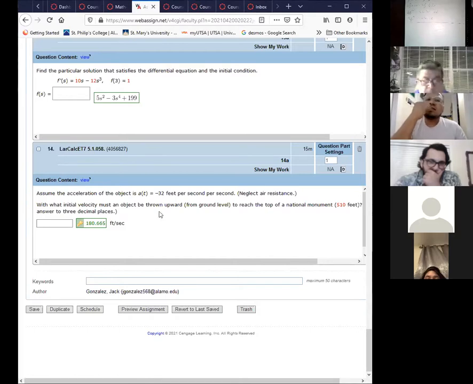So they want to know the initial velocity. So we're going to have to integrate this guy, because remember how we said the derivative of position is velocity, and the derivative of velocity is acceleration. So undoing the acceleration derivative would take us to velocity. So what we're going to do is integrate that guy. Let me write down this information. The acceleration function is equal to negative 32 feet.